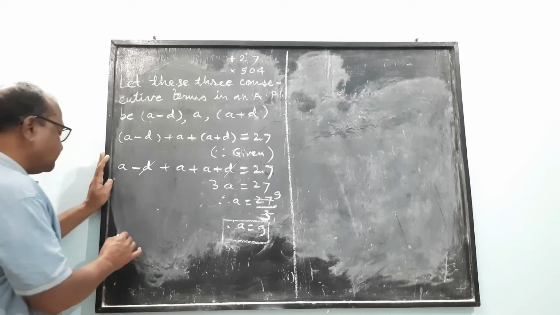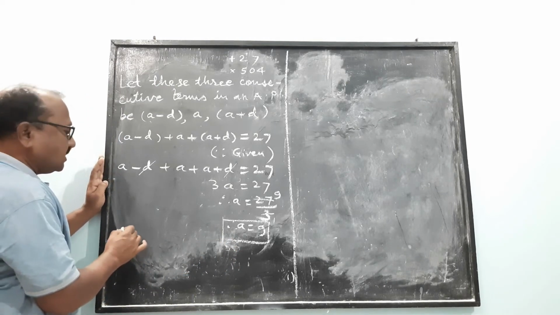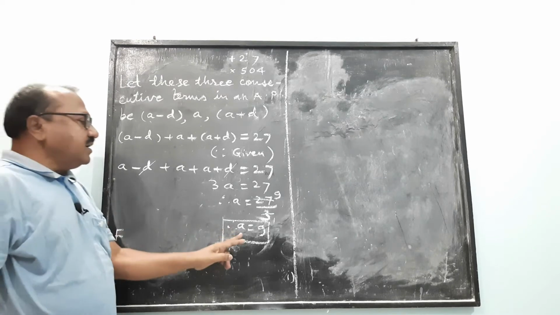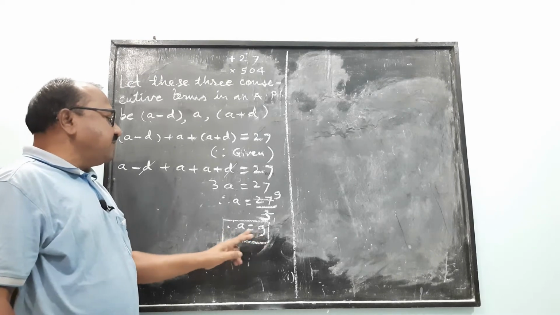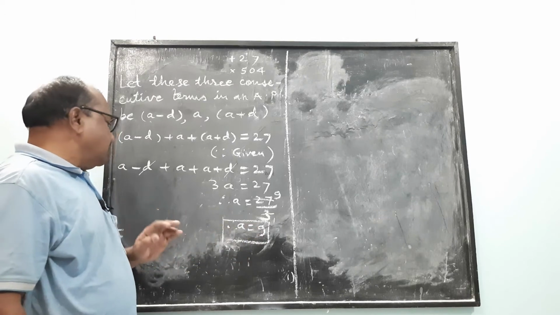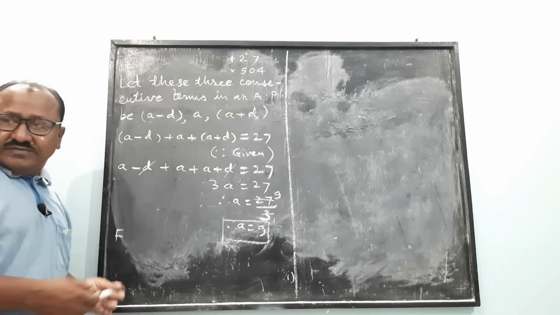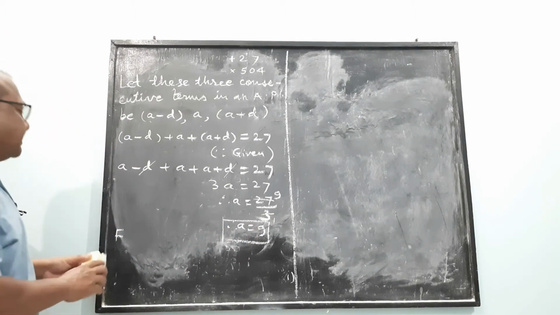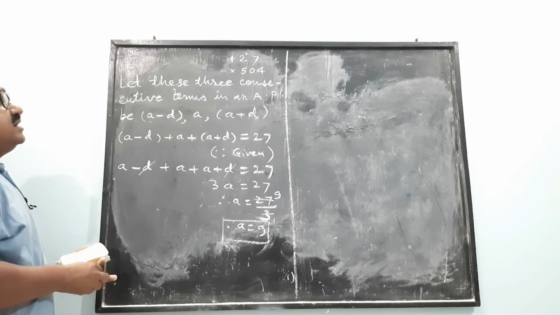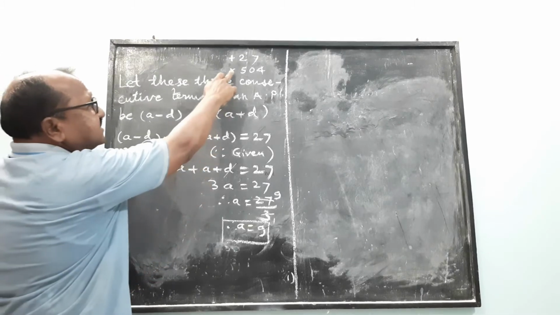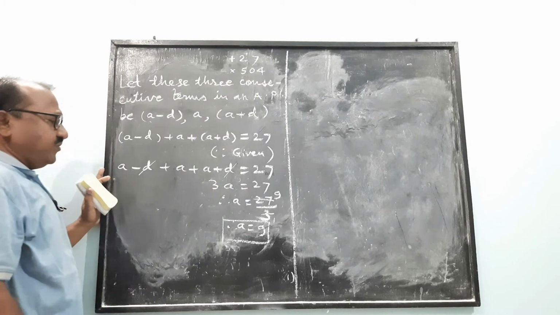Now A is calculated by me. A is equal to 9. Now the second condition is given. Second condition is like this: product of these three terms is 504.